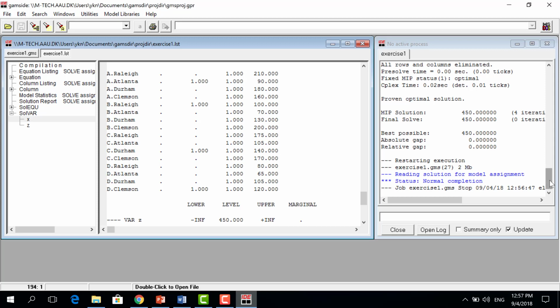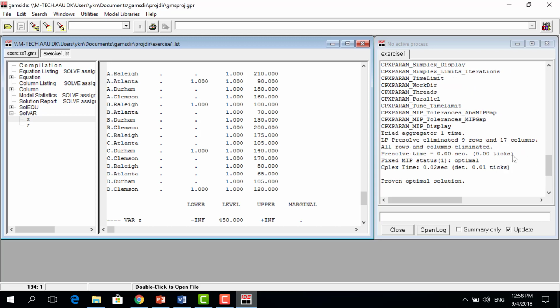If you would like to learn more about what the other results tell, we have here the MIP solution of 450, which means the total cost to deliver products from source to destination is 450 in some monetary value, maybe US dollar or euro, maybe Danish krone.